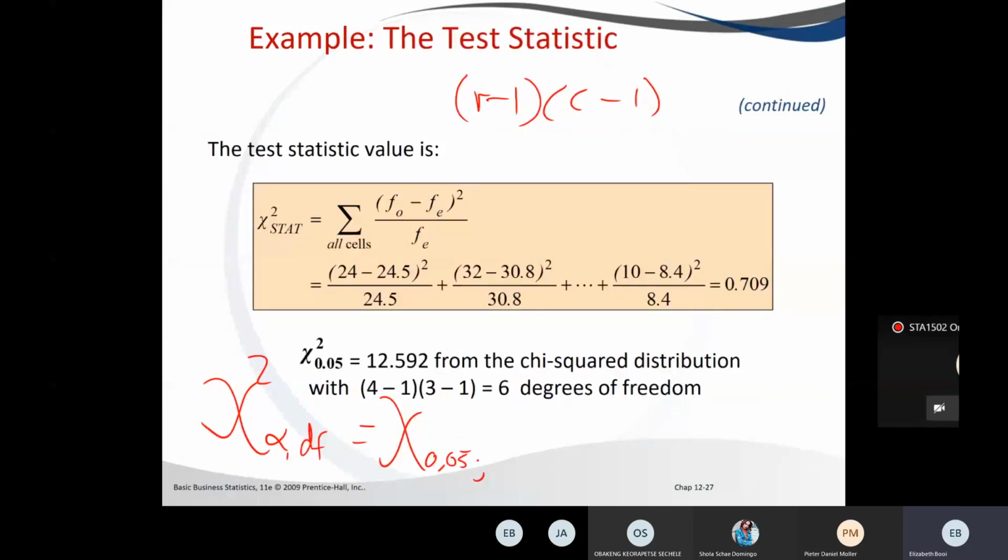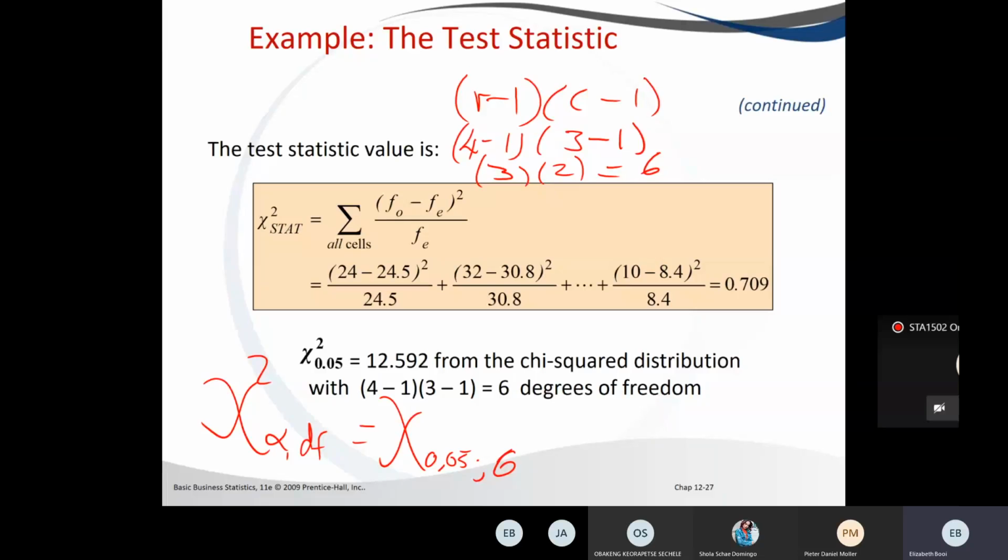Then we say we have 4 rows minus 1 times 3 columns minus 1. And this gives us 4 minus 1 is 3 times 3 minus 1 is 2. Therefore, 3 times 2 is 6. So our degrees of freedom is 6.